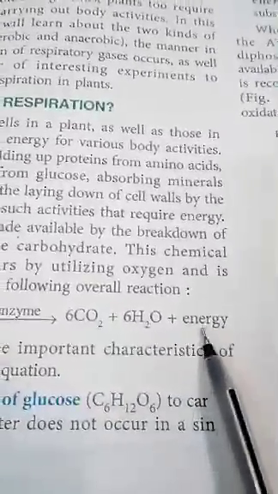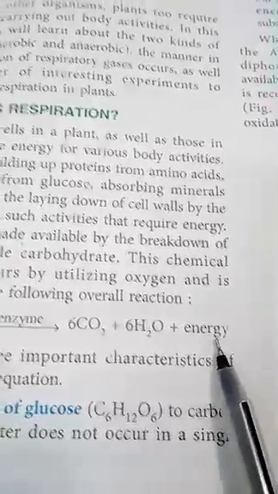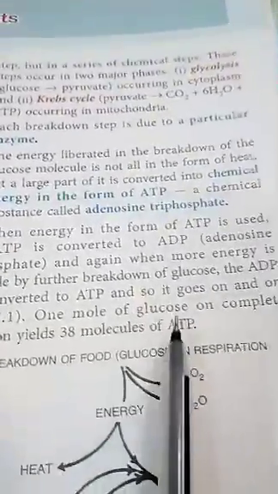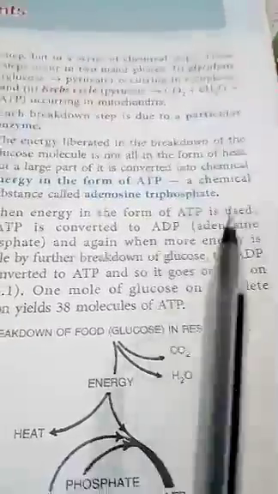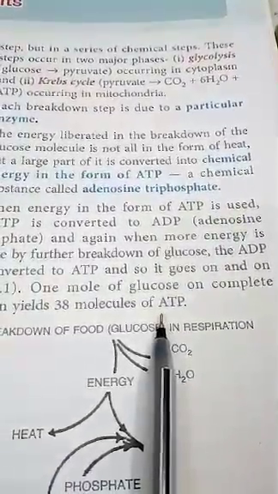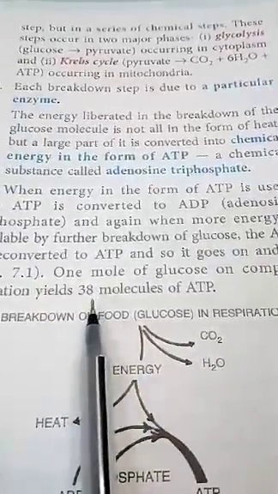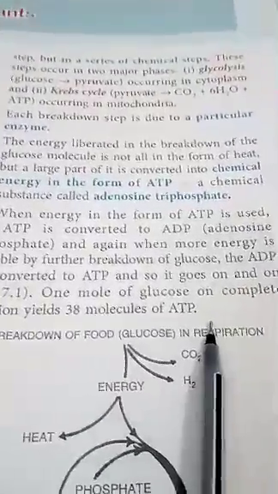This energy gets stored in the form of ATP. You can see here ATP is given. In one molecule breakdown of glucose, you will find 38 molecules of ATP.